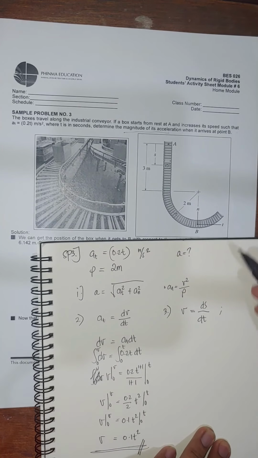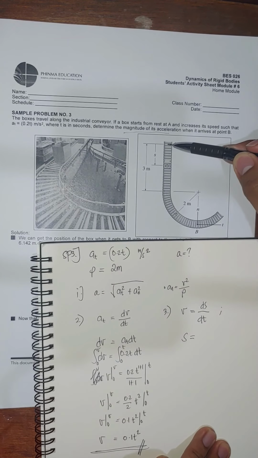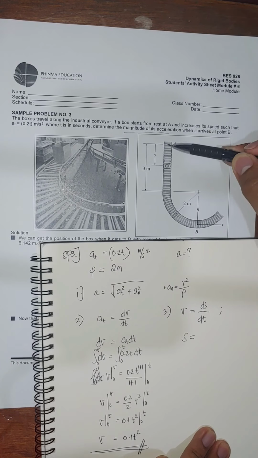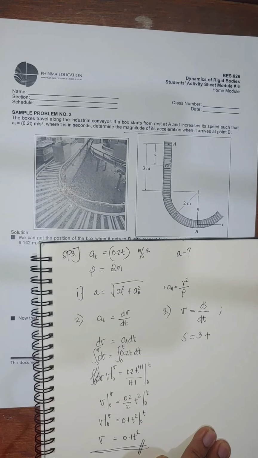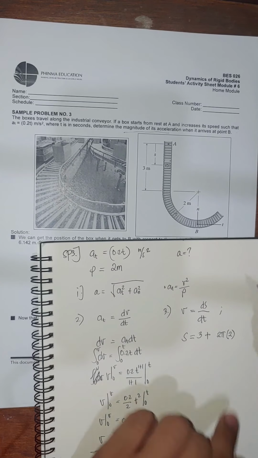Do we have a position we can get here? Yes. The position is the distance traveled by the box from this point until this point. From this point to this point we have 3 meters, plus the length of this curve. This is a quarter circle, and the circumference of a circle is 2 pi times the radius, which is 2 meters.